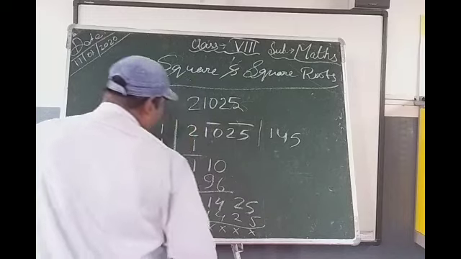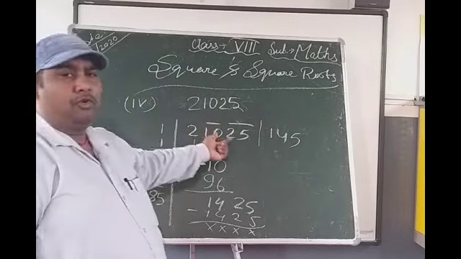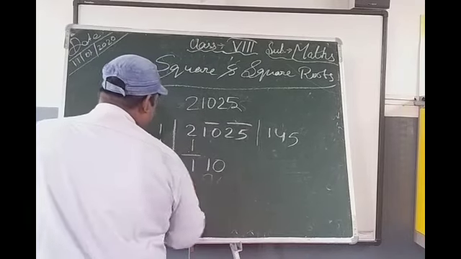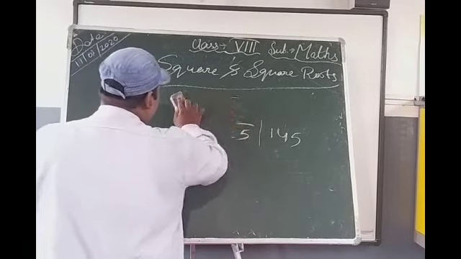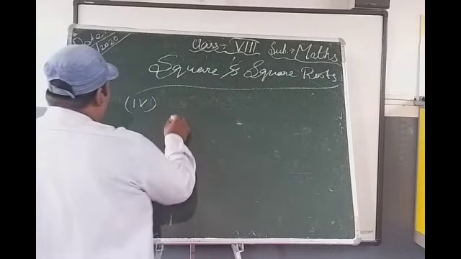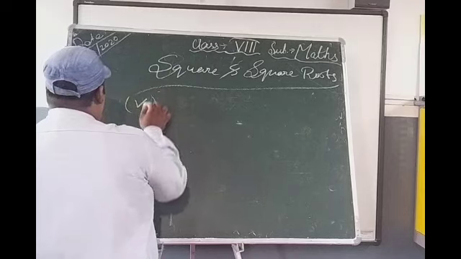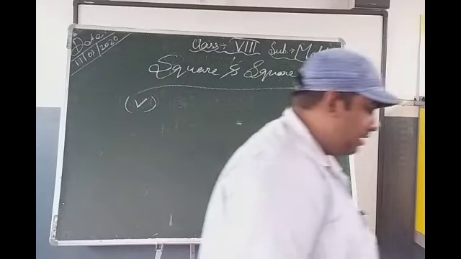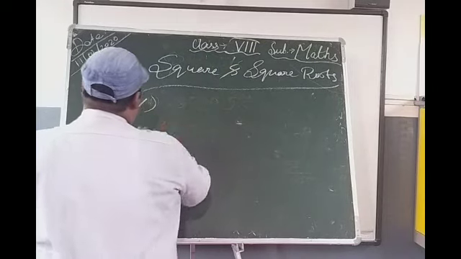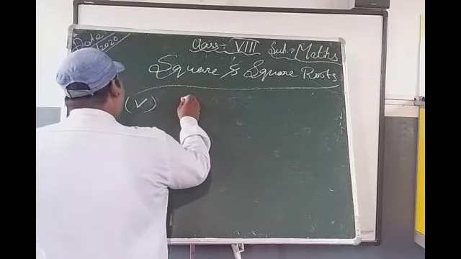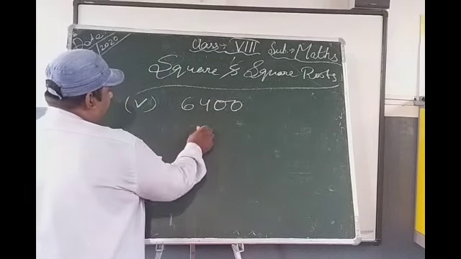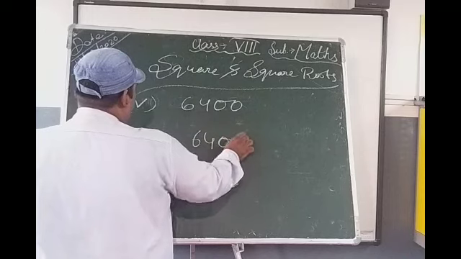Now, what we have done is we have applied the same process and the same rule here. Now one more question: 6400. Suppose 6400. We know it is the square of 80, but we will find it according to the rule.